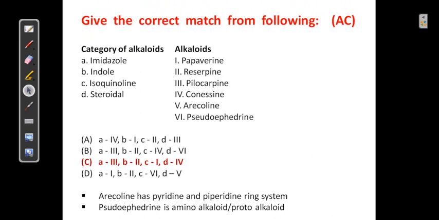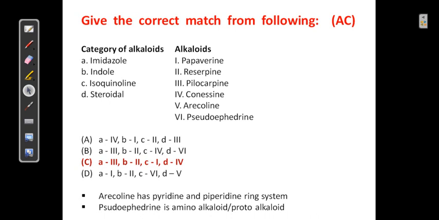Next one, match the following alkaloid with their ring system. Here categories of alkaloids are given, ring systems are given, and this part contains examples of that ring system. Imidazole alkaloid: example is pilocarpine, which has an imidazole ring system.